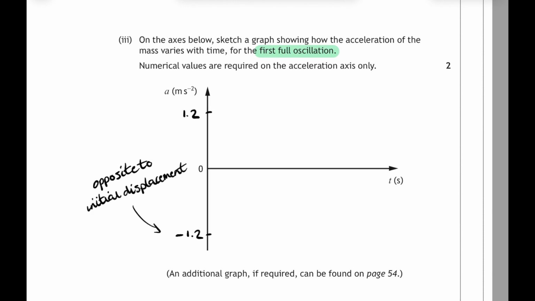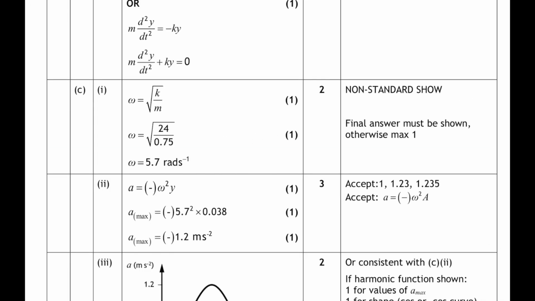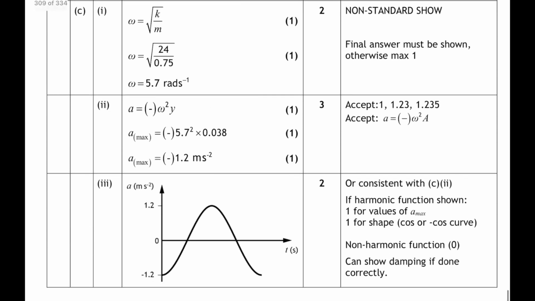Now, drawing a negative cos curve is pretty tricky, so I'm going to use the magic of some editing here, but make sure it starts at negative 1.2, goes up to 1.2 and back down to negative 1.2 again. And it should be a negative cos curve. Let's have a look at the marking instructions. So see part 1, that was where we had to show that the angular frequency was 5.7 radians per second.